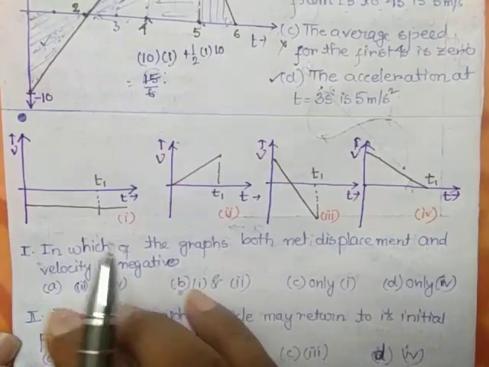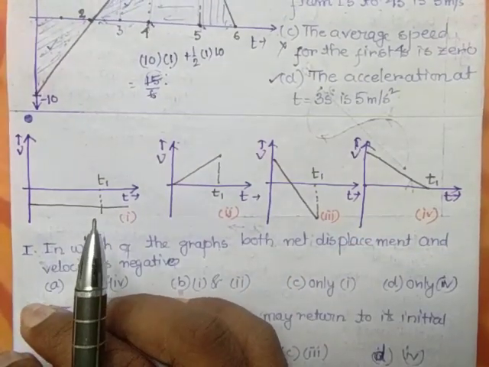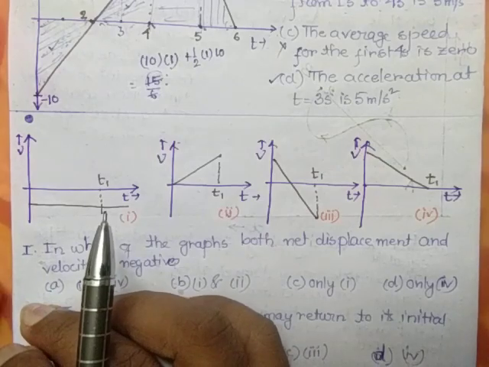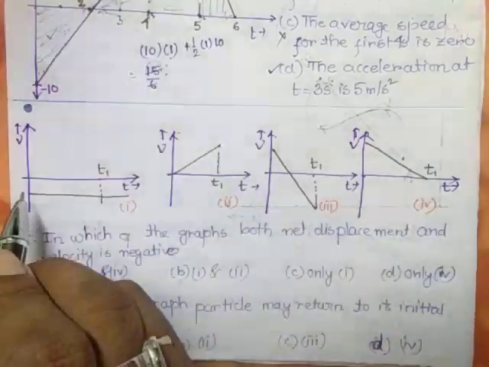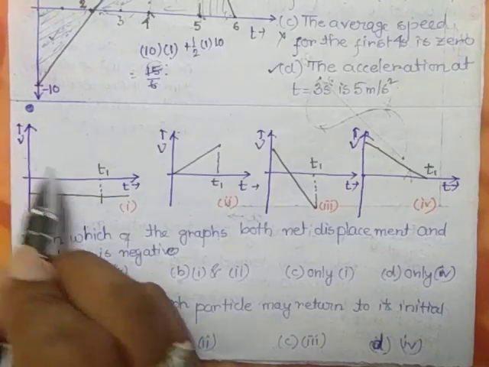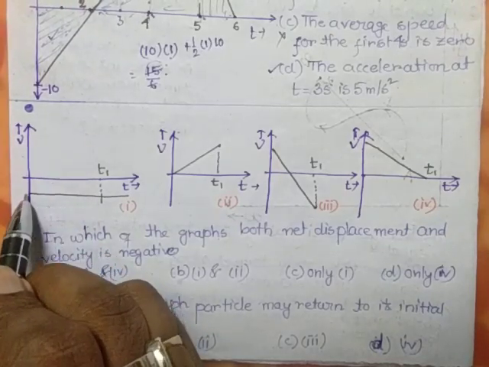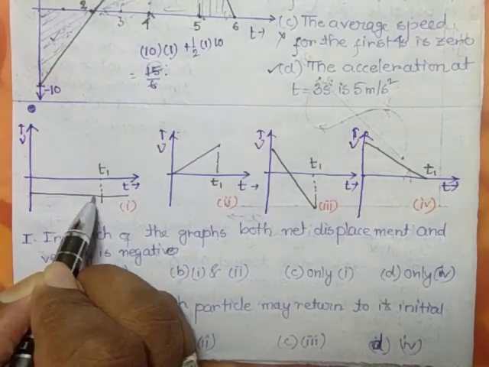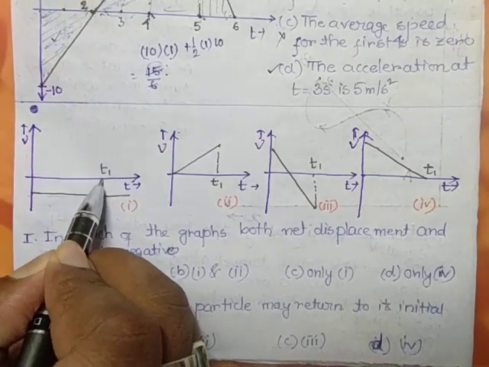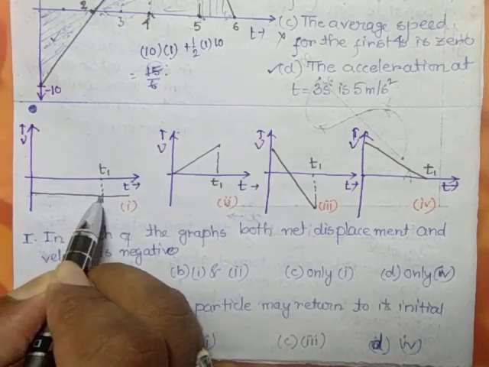This type of question is called a paragraph based question. Just see here, the velocity versus time curve 1 represents the velocity is negative, and it will remain constant as time goes on, and at time t1 the velocity is not changed.